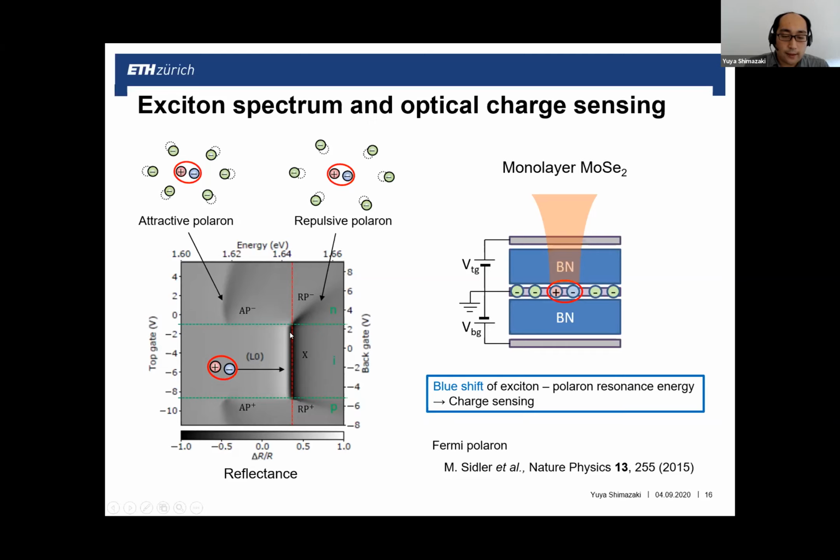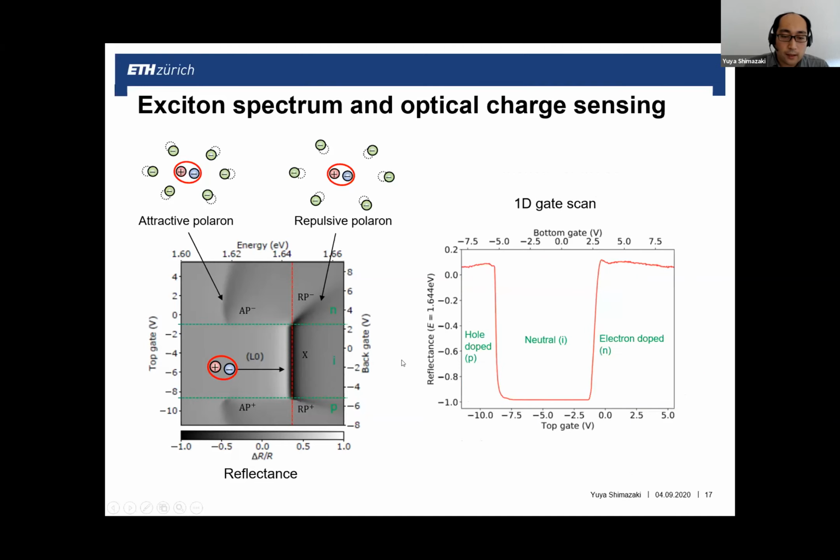The easy way to detect the charge configuration is to plot the reflectance signal at the fixed energy here, which is the exciton resonance energy in the neutral regime. If we plot this reflectance signal, it looks like this. So from the hole side to the neutral regime to the electron doped regime, we see the change of the reflectance signal, and we can detect the charge configuration change in the system.